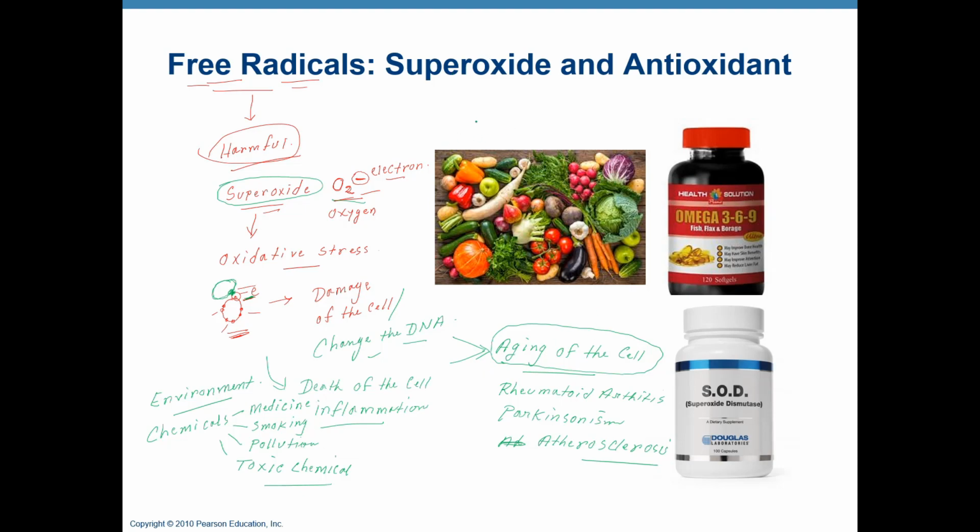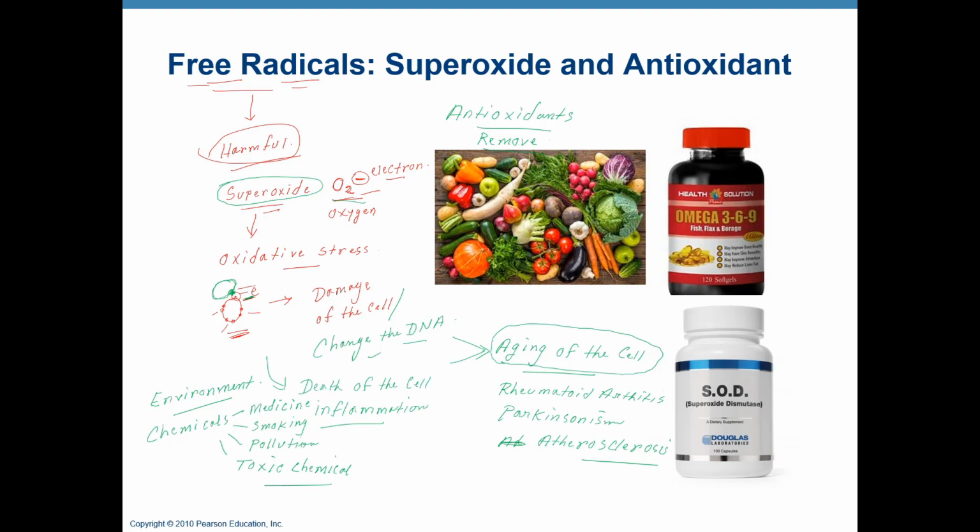However, there is another chemical that is called antioxidant. Antioxidants can reduce or remove the superoxide from the body. That means antioxidants are good, right?